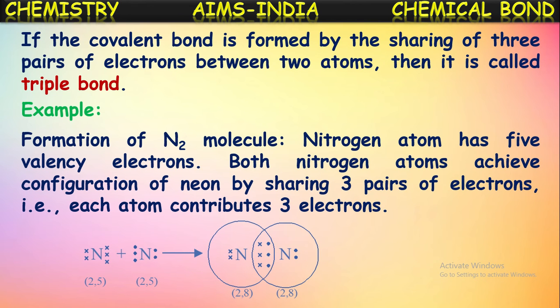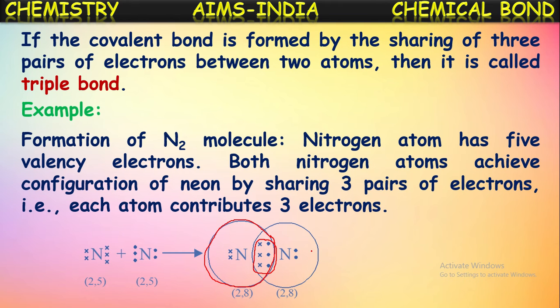When these two nitrogen atoms approach each other, each nitrogen atom contributes three electrons for sharing, and hence three pairs of electrons are shared between the two nitrogen atoms. See here, so that each nitrogen atom will get octet configuration. Each nitrogen already has five electrons in the valence shell, and by sharing three more electrons, it will get octet configuration.